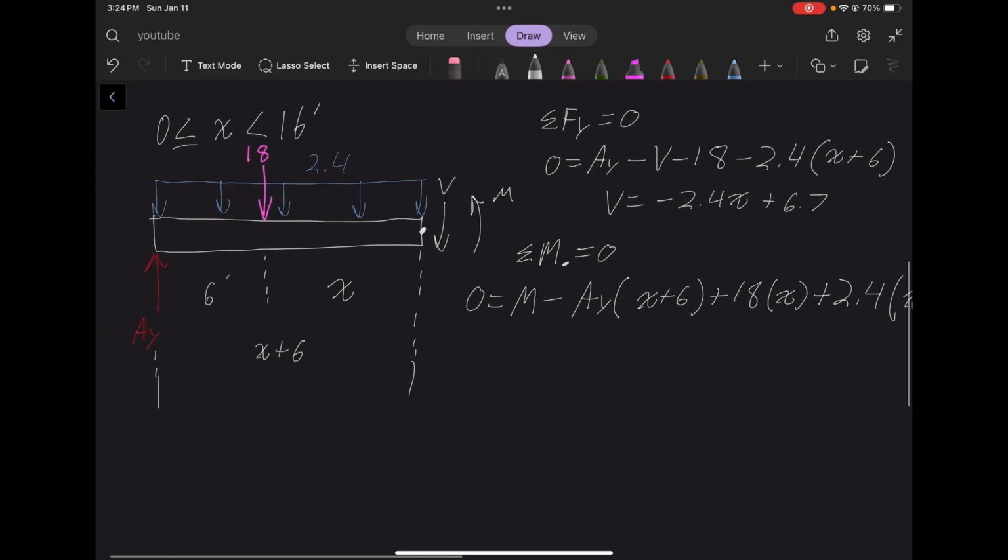And then what did I say about the distributed load? Its resulting force will be at the center.